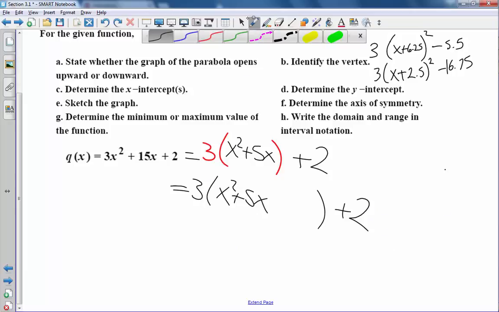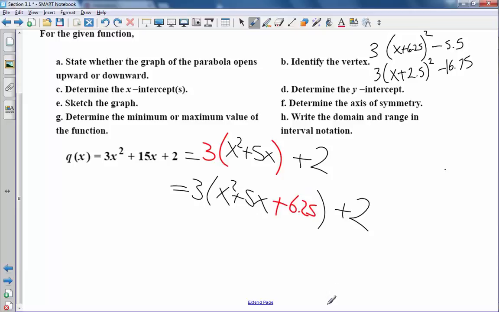So what will that number be? It's going to be a plus what? Half of this number and square it. So half of 5 is 2.5. When I square it, it's 6.25. Looks like you got that idea, 6.25 from here.